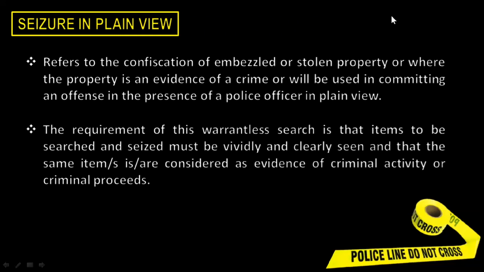So the requirement of this warrantless search is that items to be searched and seized must be vividly and clearly seen, and that the same item or items are considered as evidence of criminal activity in criminal proceedings. So tinawag na plain view. So plain view means the evidence is plainly visible to the police officer.